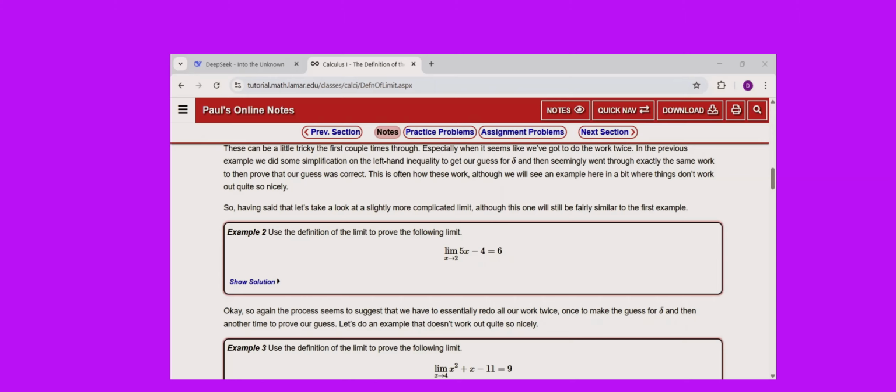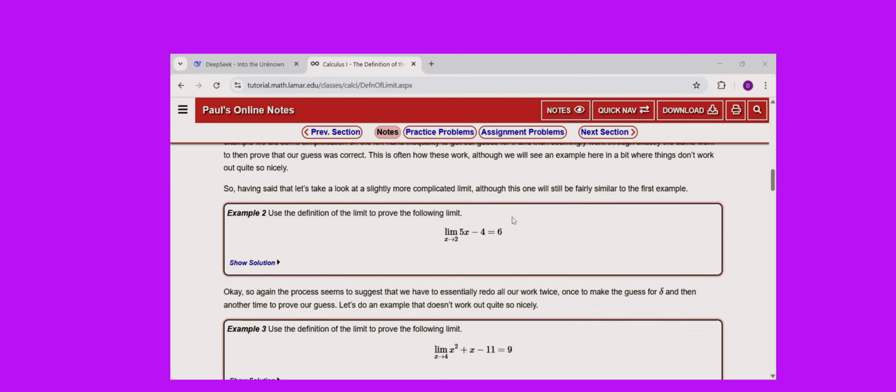Here x is equal to 2, so 5x minus 4 is equal to 5 times 2 minus 4, which is equal to 6. That is correct.